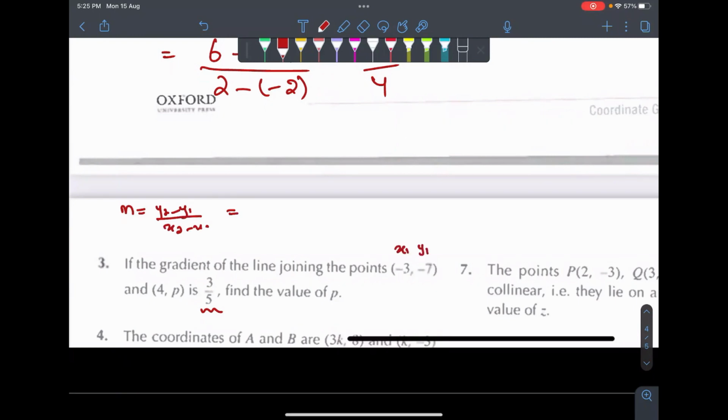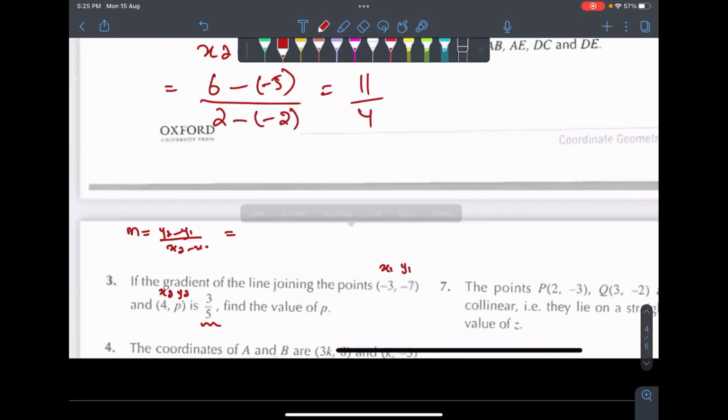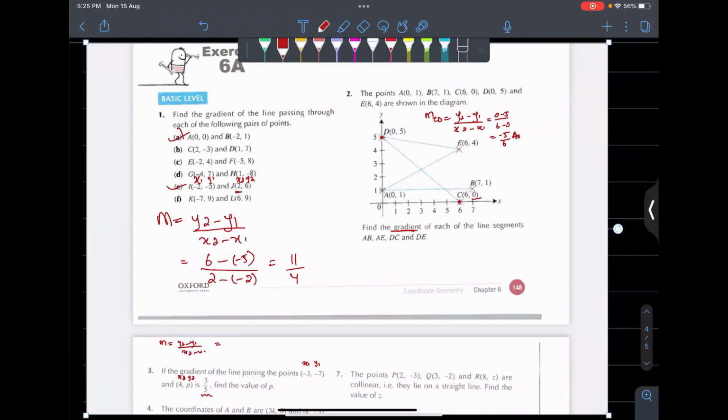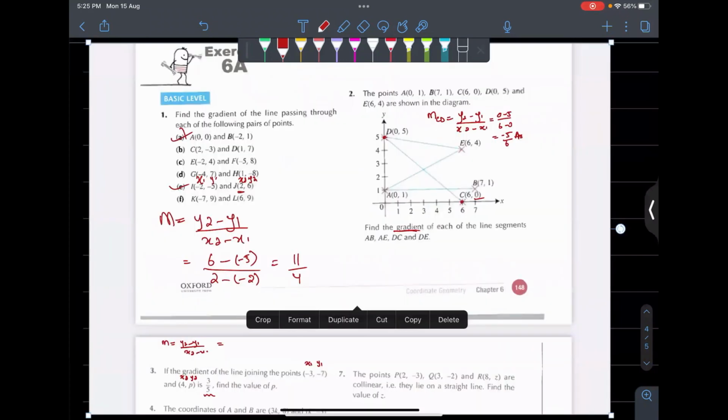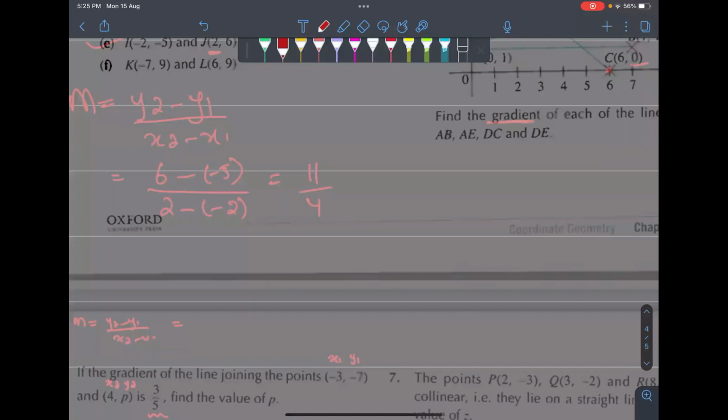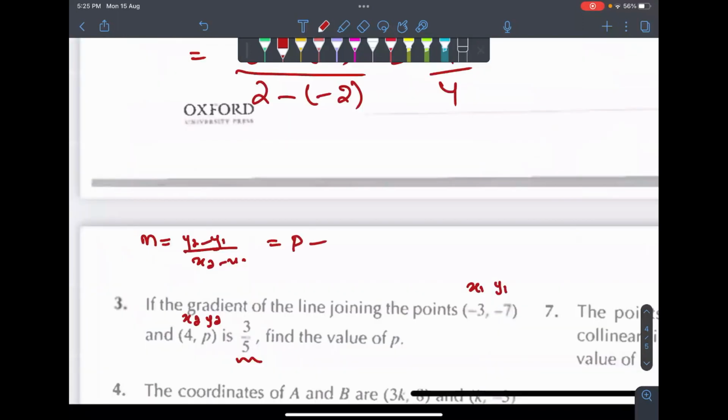You can choose otherwise as well, not to worry. Now y2 is p, minus y1 is negative 7, upon x2 is 4 minus negative 3. If anyone's confused, let me repeat once again. I'm only taking the coordinates from here.